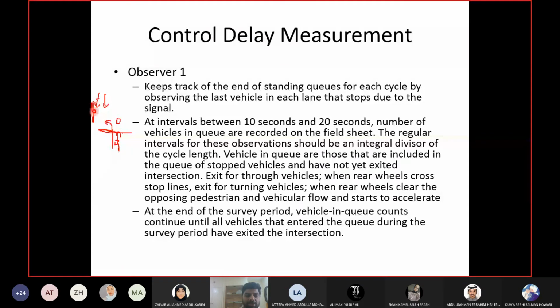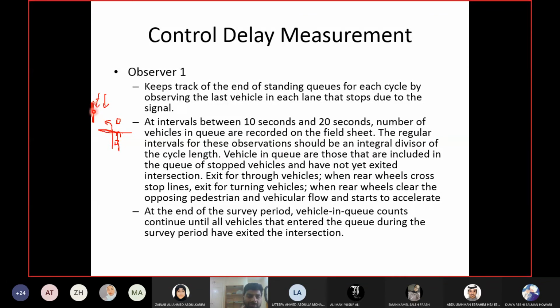Now if there is a pedestrian crosswalk here, then you will keep on counting it until it crosses the pedestrian crosswalk, because a pedestrian is also an opposite movement to this vehicle, right? Pedestrian movement will also block this vehicle's movement. So for the turning vehicle, the vehicle will be counted in the queue until it crosses all the opposing movements, whether it is vehicles from the other direction or pedestrians crossing from the turning direction on the road.